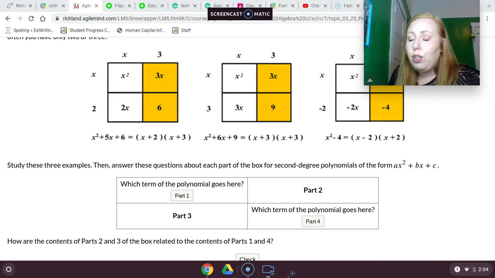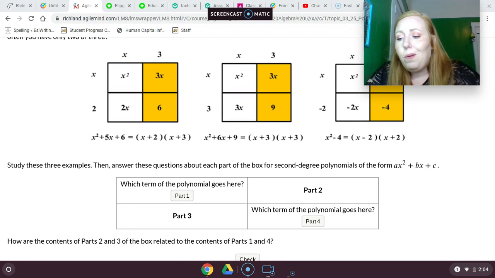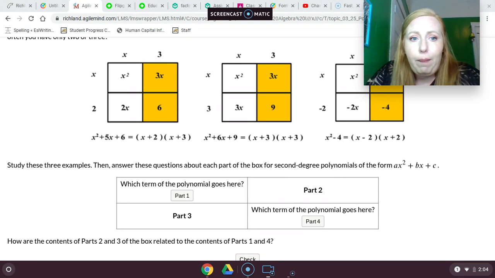I want you to take a minute on your Go Formative and see what you think about this. What would you put here in part 1? Which term of the polynomial goes here?